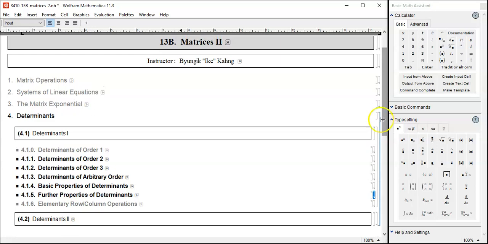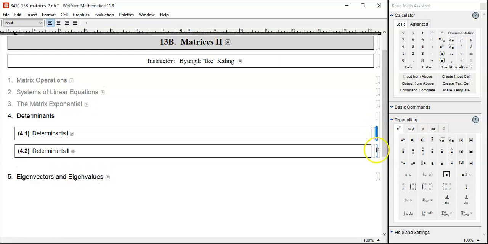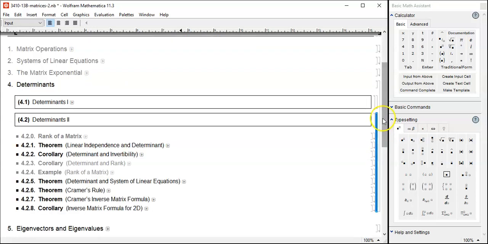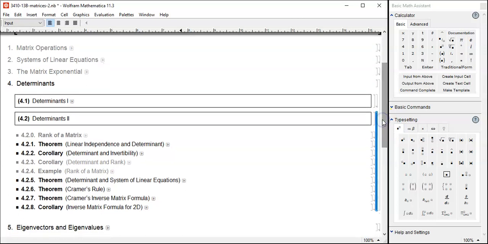Okay, those are basic properties of determinants. Now, some further properties of determinants. There are all these, and I'm not going to prove any of those. Let me just give you the statements.